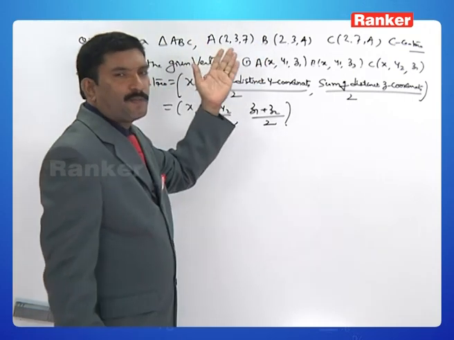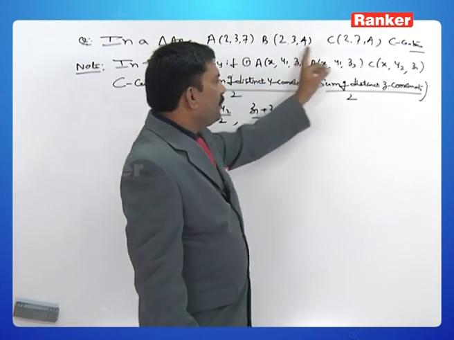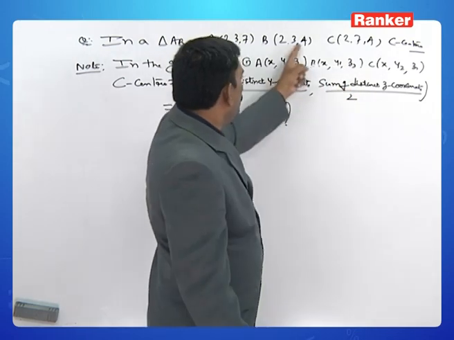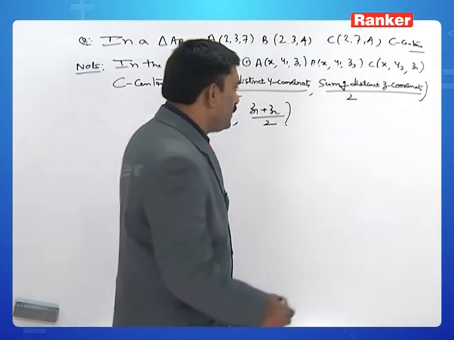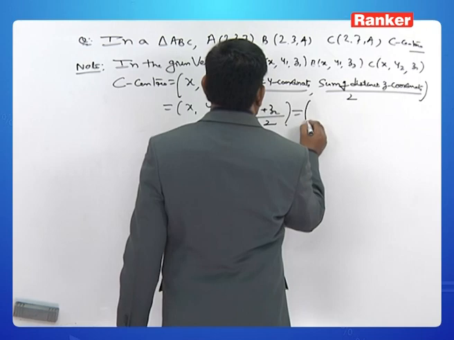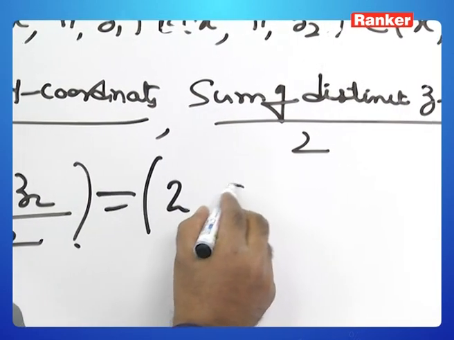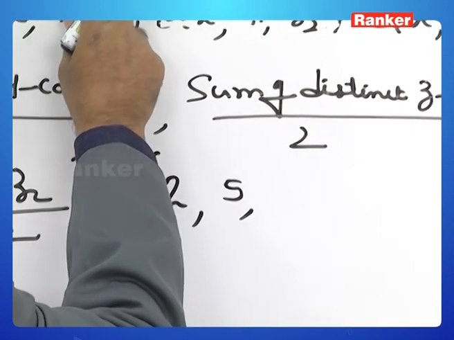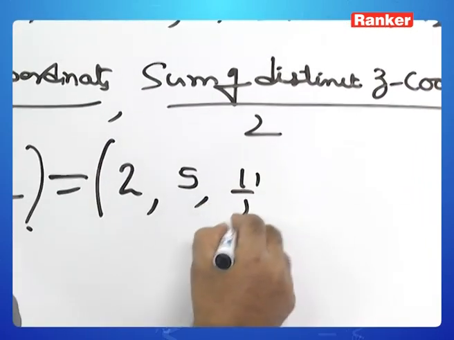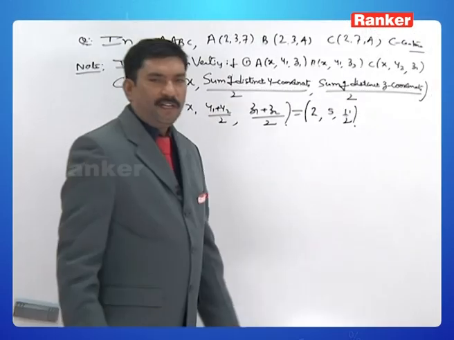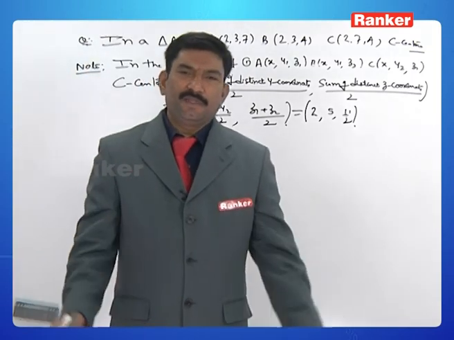This situation explains all x coordinates are the same, two y coordinates are the same, two z coordinates are the same. Now I can write x as 2, (3 plus 7) by 2 is 5, and (4 plus 7) by 2 is 11 by 2. As we did in the earlier problem, we got the same answer.